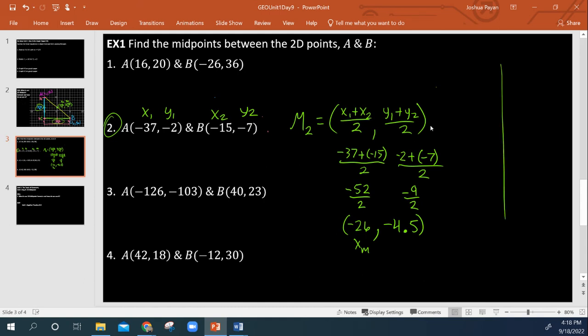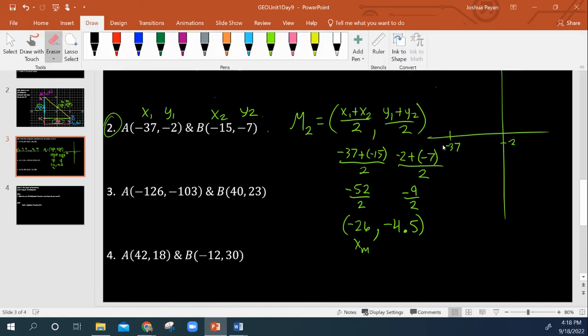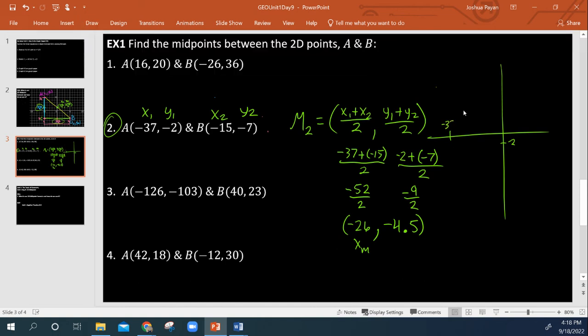So all we're saying again is, if I've got one point at negative 37 by negative 2, we're going to say that that point exists, and I'm going to have to erase this here. That point exists right there. That's my point A. And point B is at negative 15 by negative 7.